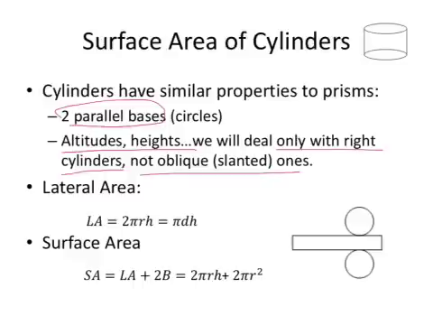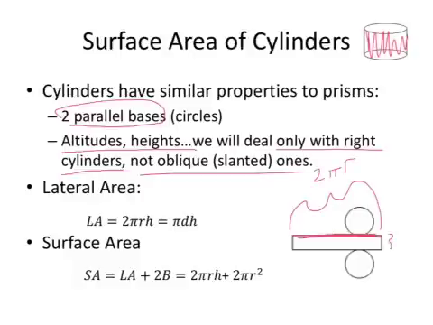See, if I look at my net of this here, I've got two circles, and this rectangle is that whole side portion right here, that whole side thing unraveled, okay? And so the length of this rectangle is equal to my circumference, which is 2 pi r.